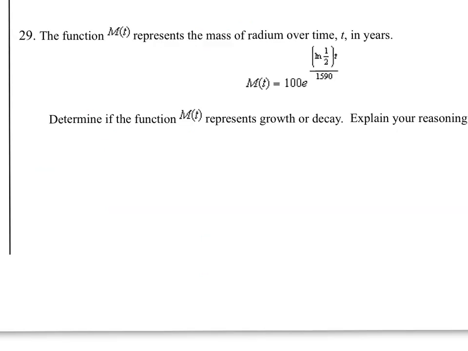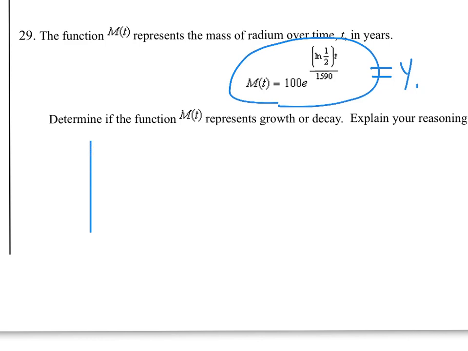So this question wants you to determine if this function, m of t, which is this equation right here, represents growth or decay. Okay. I personally would take this m of t equation and plug it into your y1. So I would take this whole thing right here and throw it into your y1.